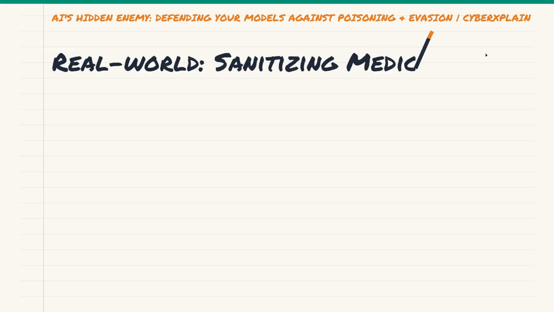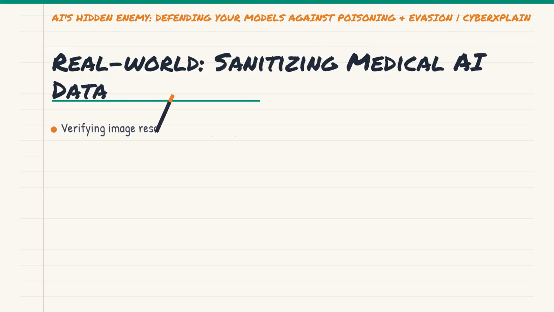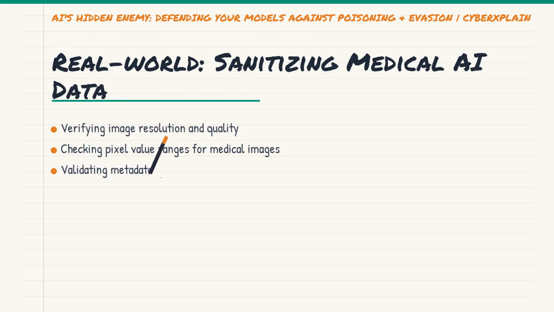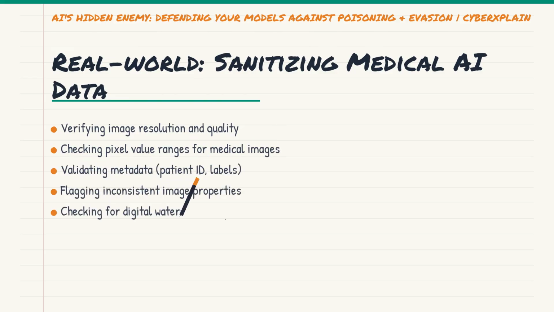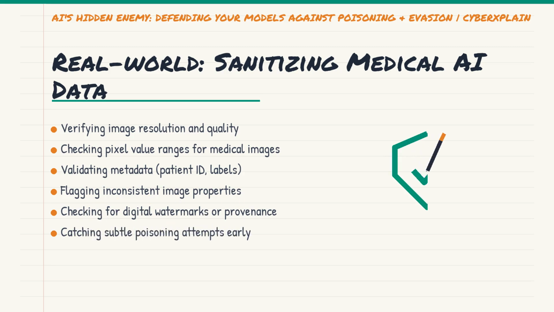Let's apply this to our medical diagnosis AI. For image data, like microscope slides, sanitization would involve several checks. We'd verify image resolution, ensuring it meets minimum standards, or check that pixel values fall within expected biological ranges, no pure black or pure white images unless explicitly expected.